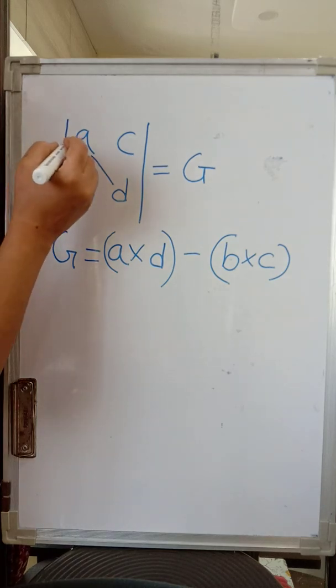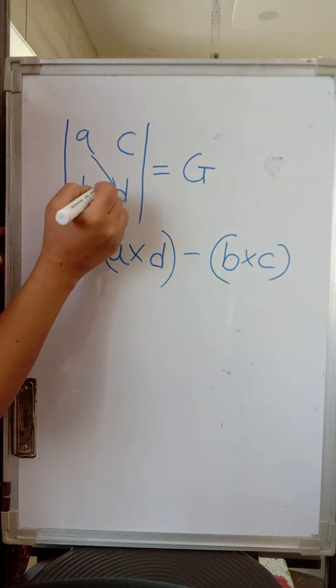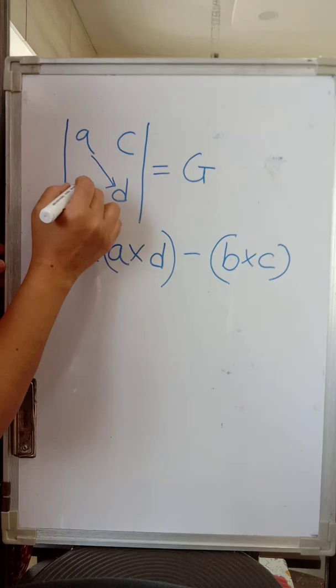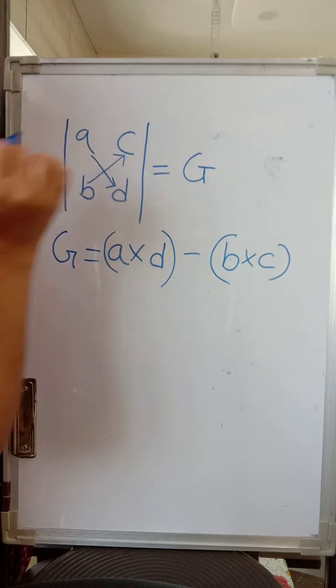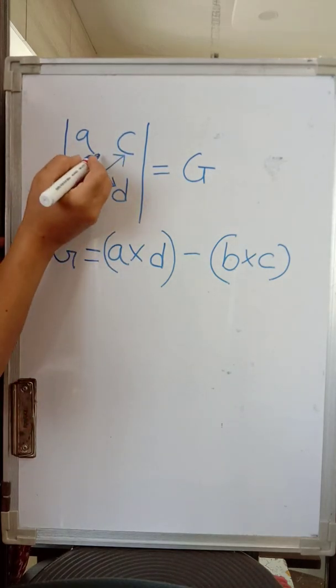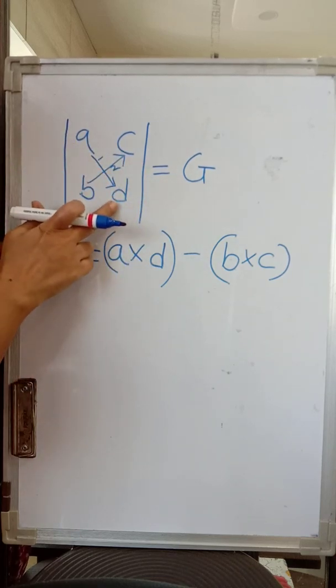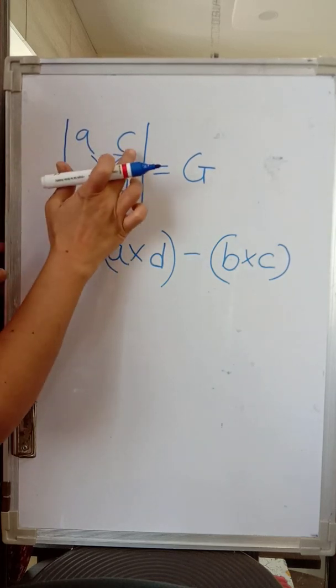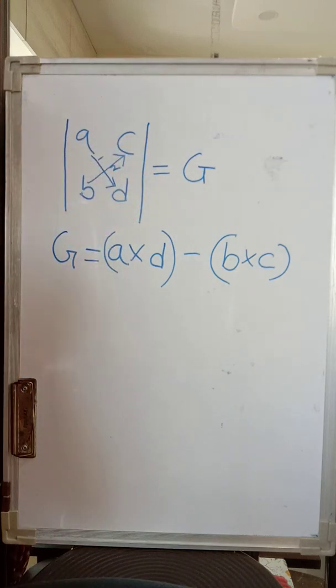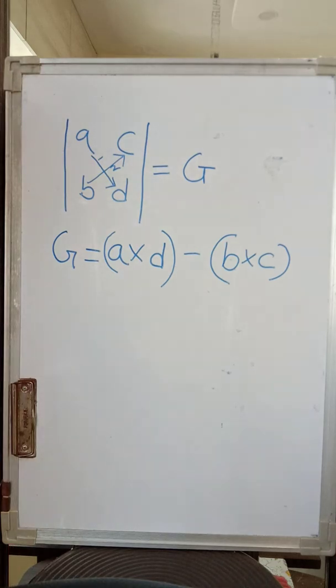Please remember, first go from your left hand side to right, and then from that subtract here like this, crisscross. So this multiplication is first and this multiplication is second. Now let us put in values and find the value of a determinant so that it will be easy for you to understand.